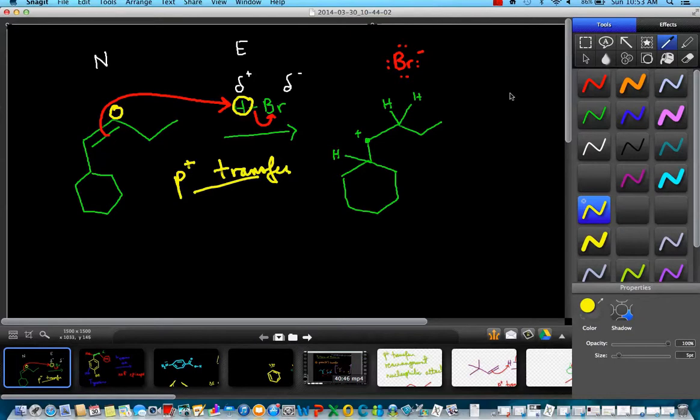Okay, now in the next step, I have a secondary carbocation, but I can make a tertiary carbocation if I rearrange. So hydrogen and its electrons will undergo a 1,2 shift to produce a more stable carbocation. What mechanistic pattern is this?